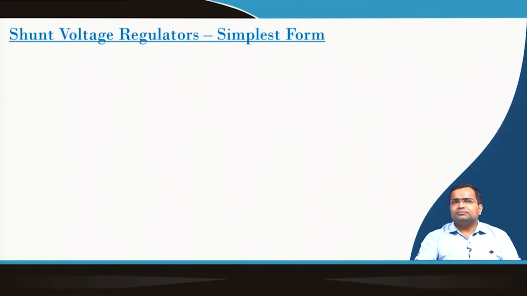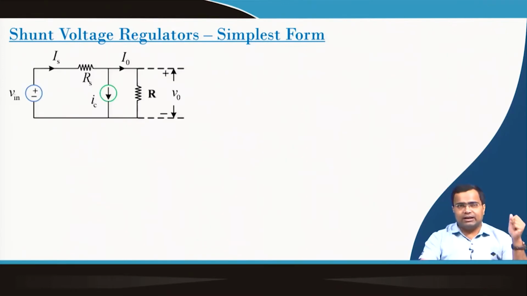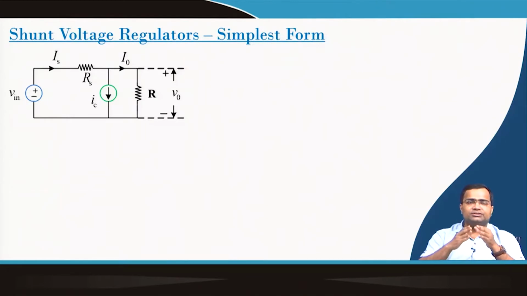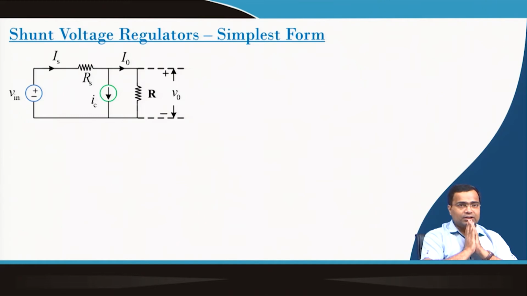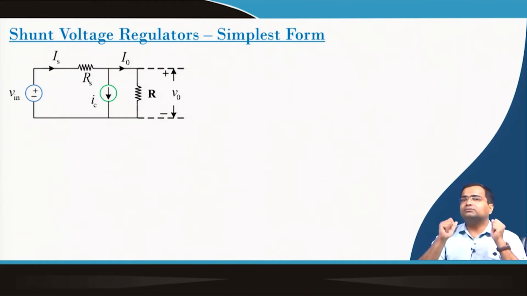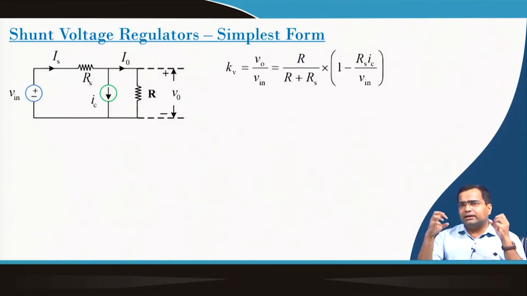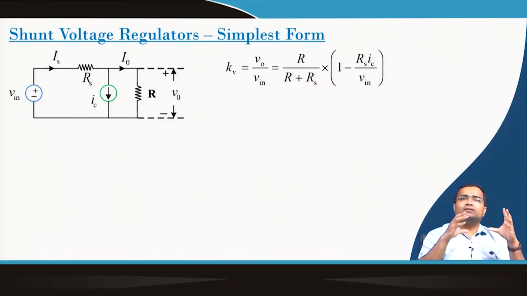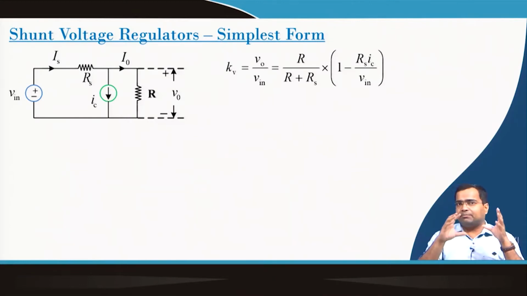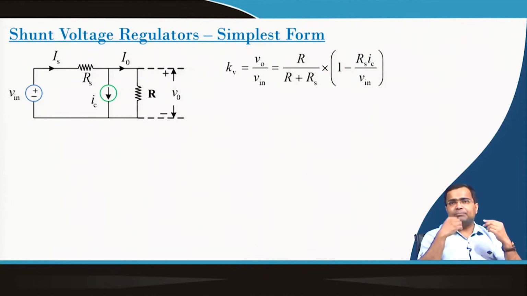Next, we can use a shunt voltage regulator, where, compared to the series voltage regulator, we are considering an additional current shunt path across the load resistance, IC. This is generally a control current, and in this case, along with the voltage gain R by R plus RS, another factor will come due to the current sinking path.